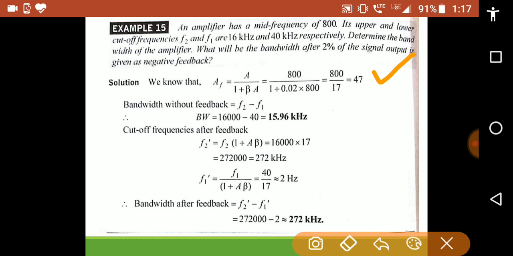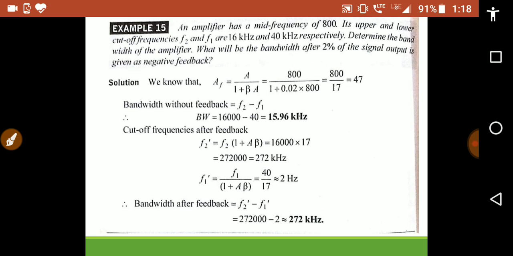So bandwidth without feedback equals f2 minus f1, meaning higher cutoff frequency minus lower cutoff frequency. Here f2 equals 16 kilohertz and f1 is 40 hertz. This is hertz, this is a misprint.